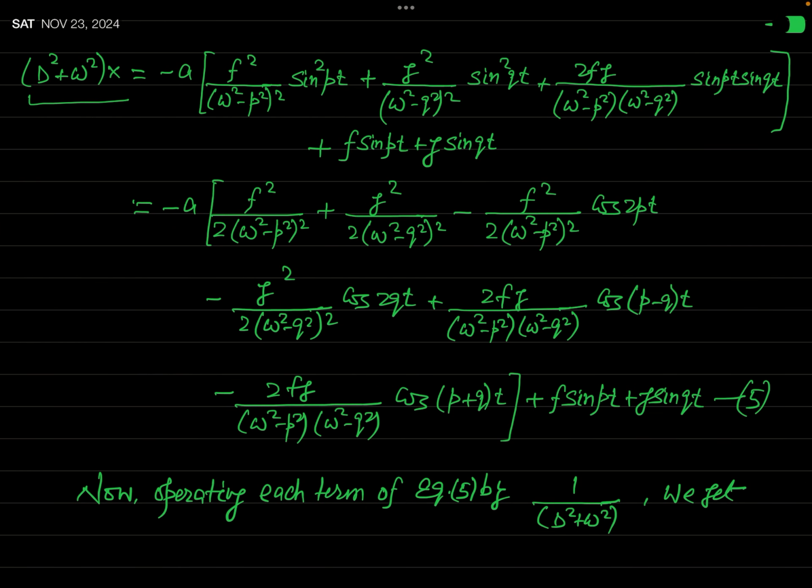Utilizing that formula, the first term will be f² by (ω² minus p²)² sin² pt, plus the second term is g² over (ω² minus q²)² times sin² qt, and in place of 2ab there will be 2fg by this much times sin pt sin qt.